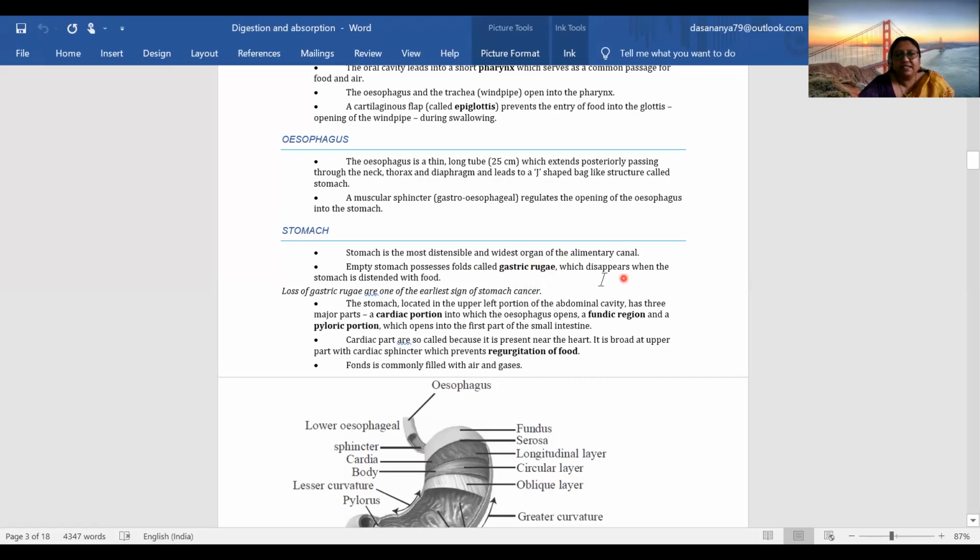But as it is a balloon-like structure, when it is full of food, its skin, I should not say skin, the covering will be tight and the wrinkles, that is gastric rugae, will be gone.